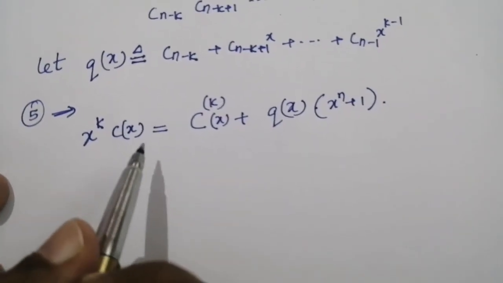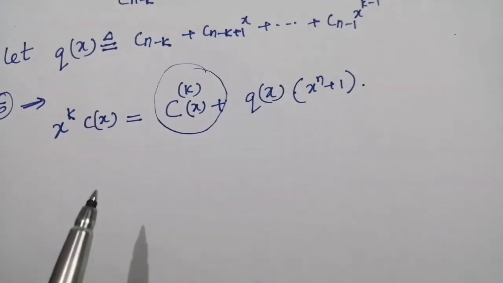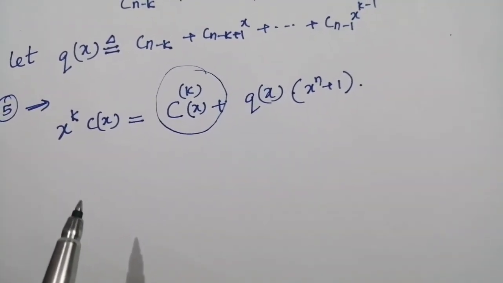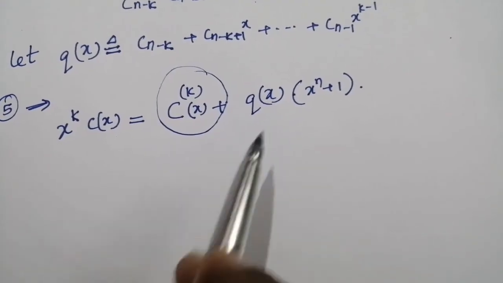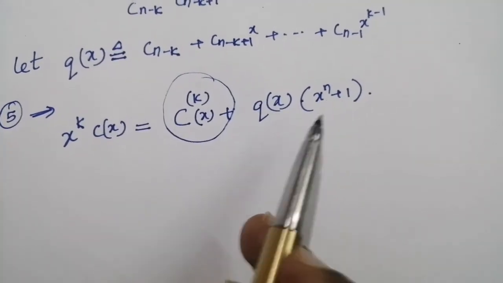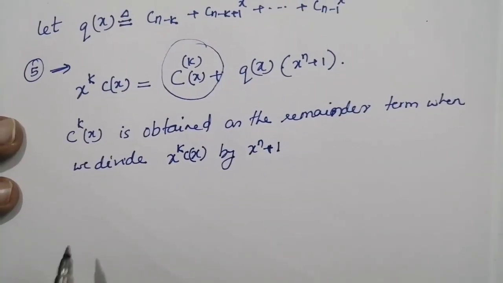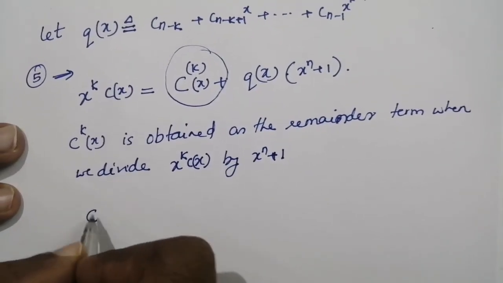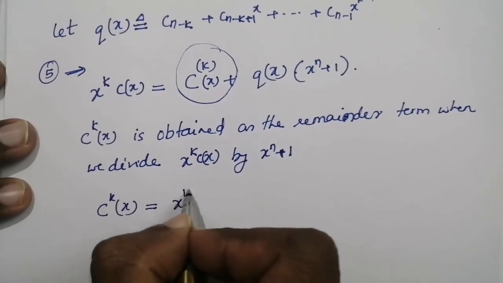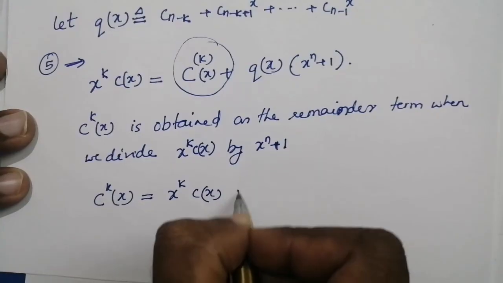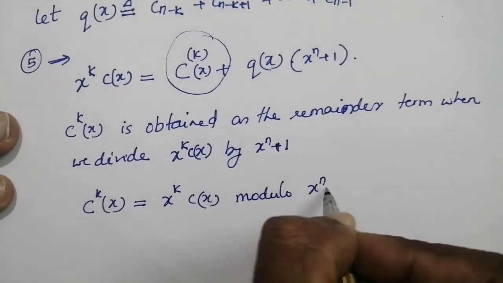That is, we can see that ck of x is the remainder term obtained when we divide x raised to k c of x by x raised to n plus 1, and q of x is the quotient obtained. In other words, we can write it as ck of x is x raised to k c of x modulo x raised to n plus 1.